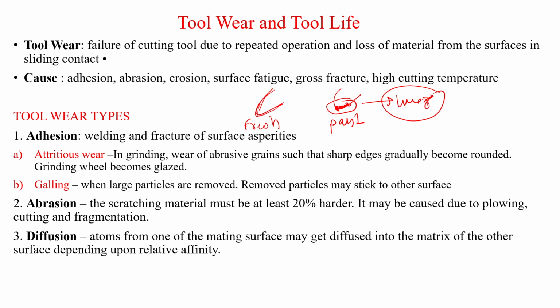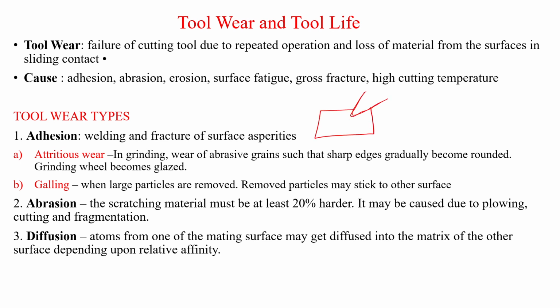Now we will see some different types of tool wear. One is adhesion. What is adhesion? From the name only it is showing that some other material is getting added to the tool surface. For example, this is the tool and this is the workpiece.